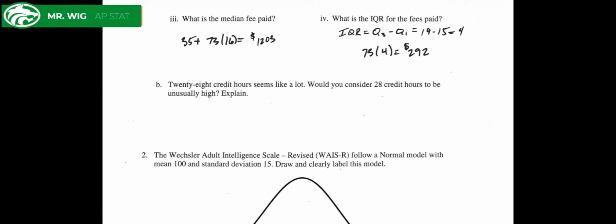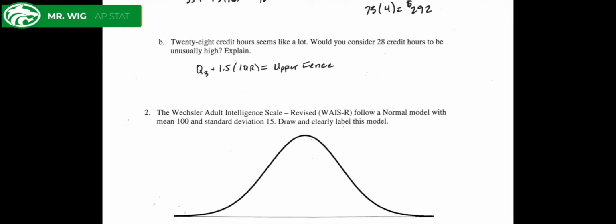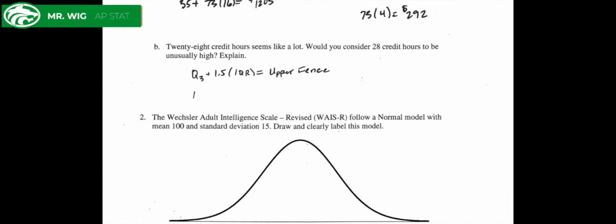So we'd like to use the higher end, Q3 plus 1.5 times the IQR would be equal to my upper fence. This will tell me if I've got something that is a little bit too far out. And so we know the Q3, what was that value? Q3 is 19. So we're going to say 19 plus 1.5 times 4.